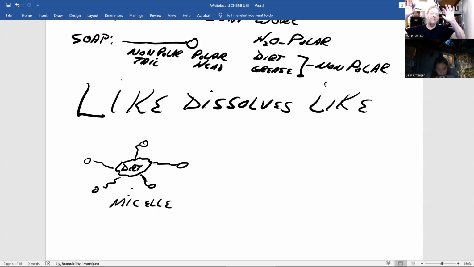Now I'm not going to draw them all in, but the soap particles are enough to totally surround every dirt particle. And water looks at the outside of the micelle and only sees the polar heads of the soap, and says, I'm polar, you're polar, let's go down the drain together. And they do.